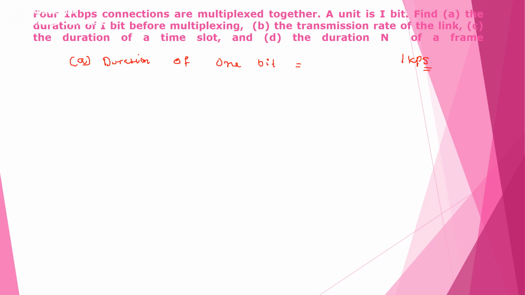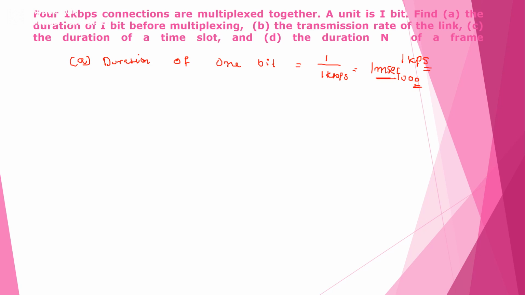Per second we can transmit 1000 bits. So what is the duration of a single bit over here? That means 1 by 1 kilobits per second, that is equal to 1 millisecond. In order to carry a single bit, we need 1 millisecond.